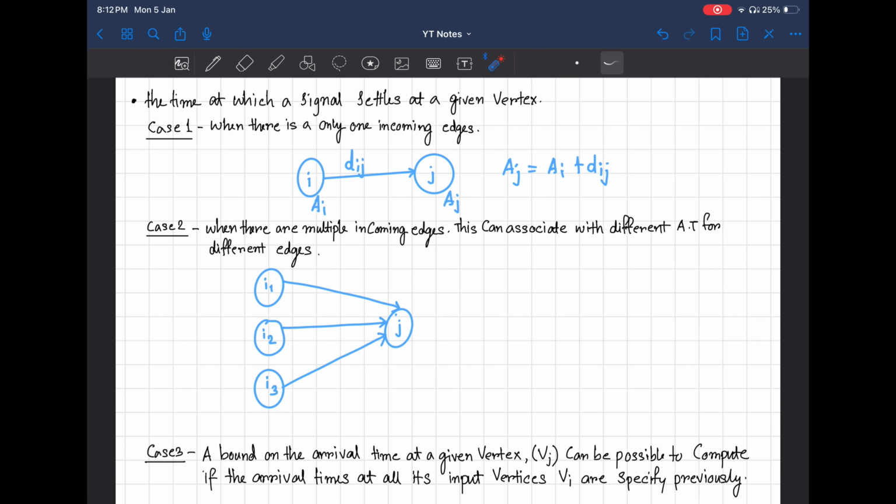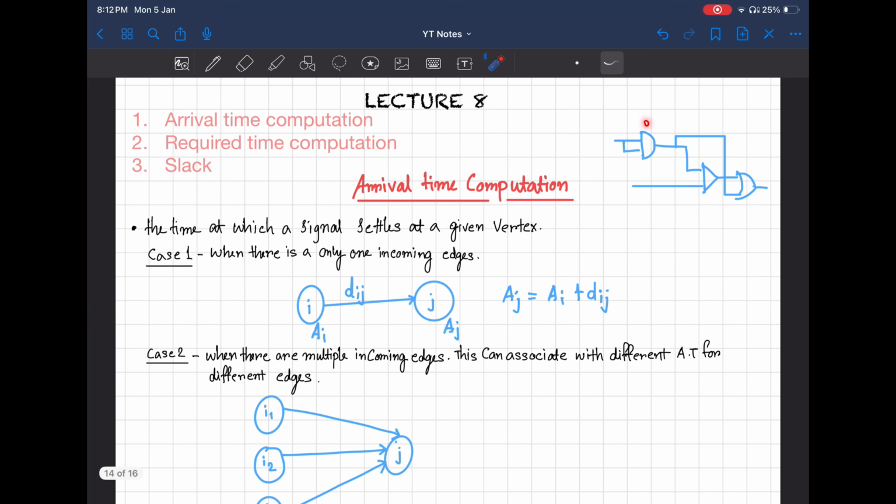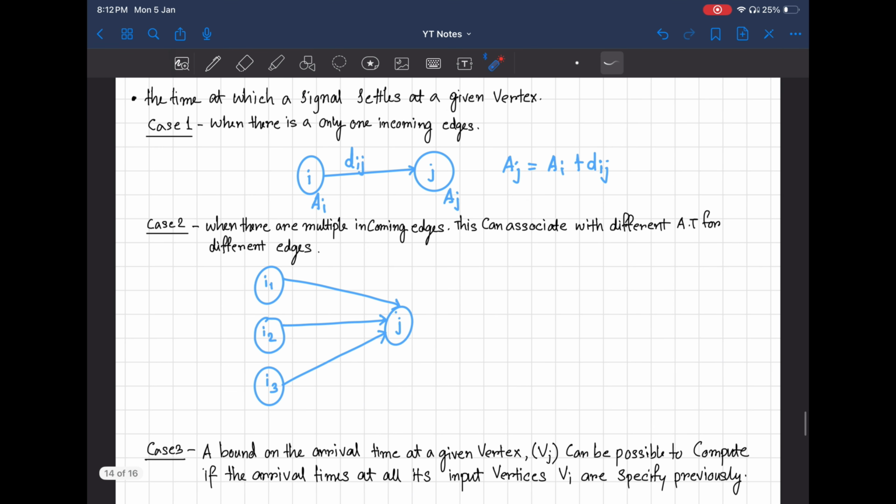From the timing graph, this is one of the basic logic gates. It can be different in path-based analysis and graph-based analysis, but for now just take it as a simple one.